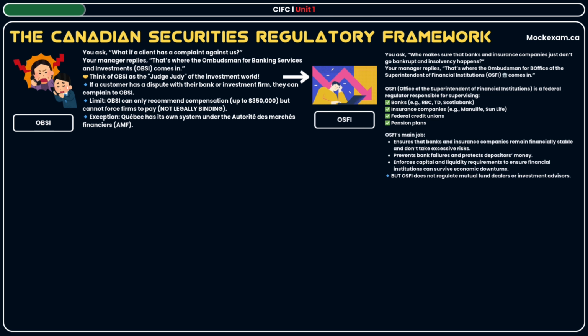They prevent bank failures and protect depositors' money. They enforce capital and liquidity requirements to ensure financial institutions can survive economic downturns. But OSFI does not regulate mutual fund dealers or investment advisors.